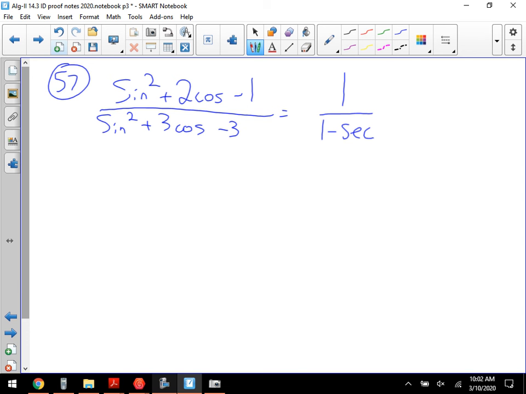So sine squared is 1 minus cosine squared. That way, we can deal with just one trig value.